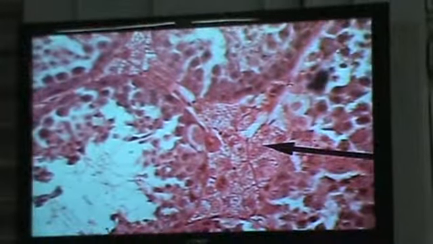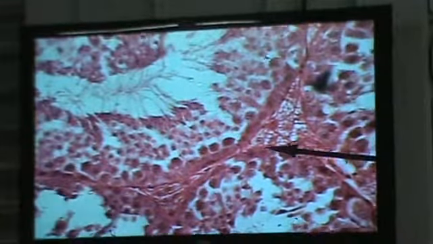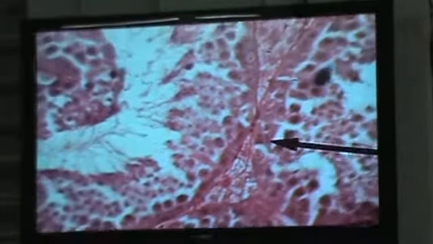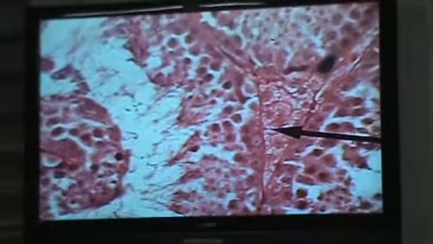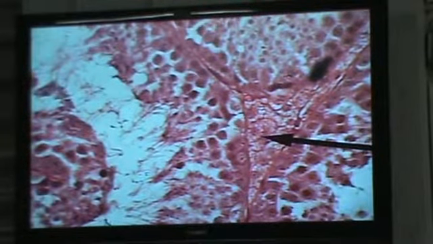In here also are some macrophage cells. These cells are in what's called the interstitium, right here. And we see a number of Leydig cells, but this is gold medal Leydig cells.